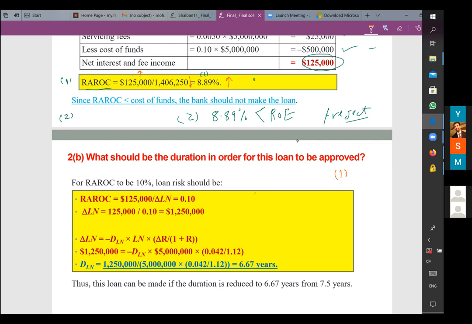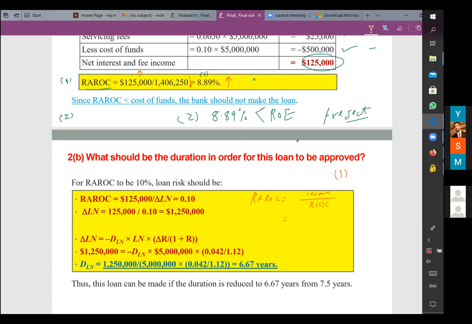The RORAC, as you can see, is the income over the risk, right?